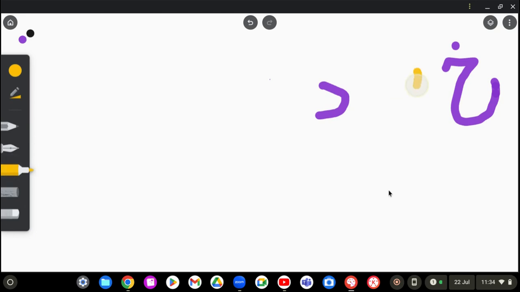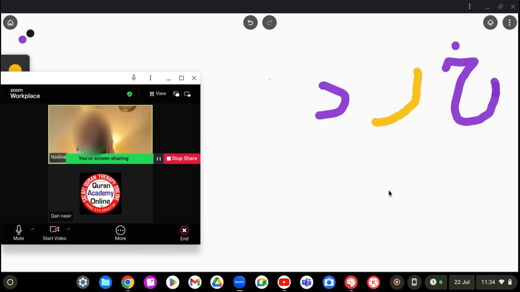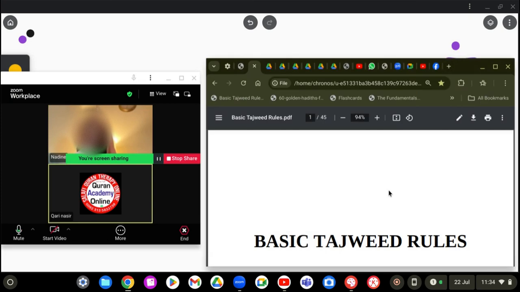What is this letter in yellow? What is this, in the yellow color letter? We read it some minutes before. This one.